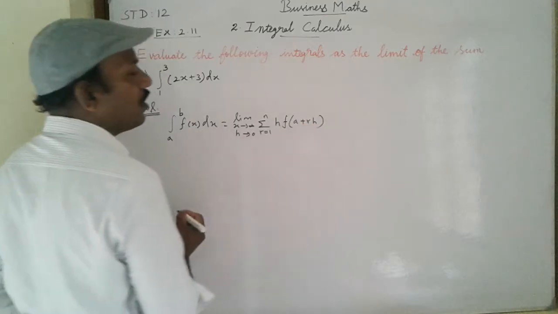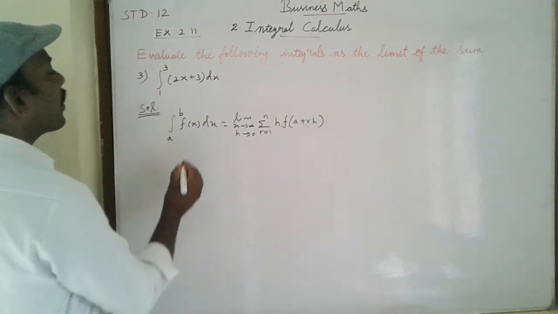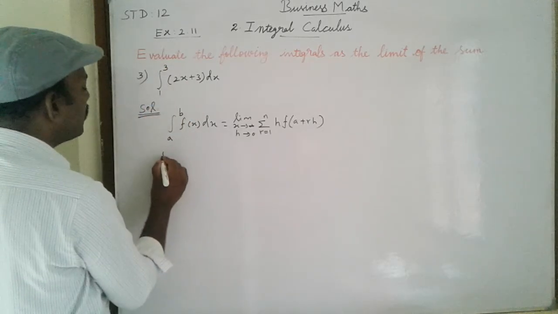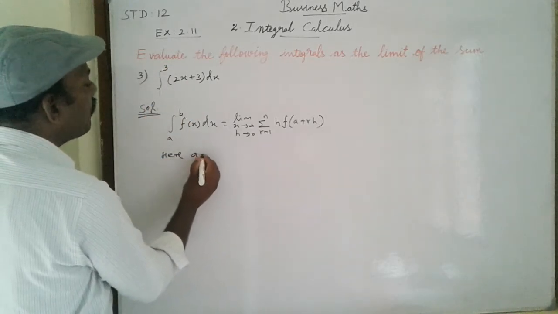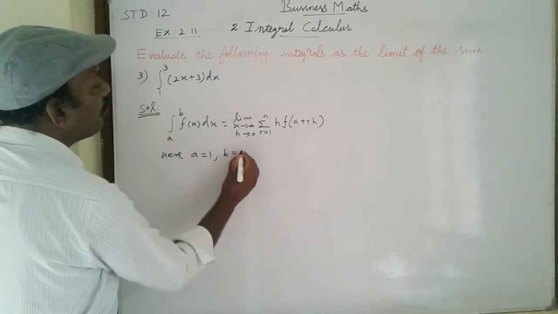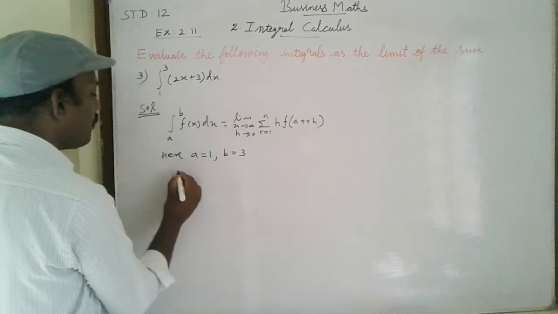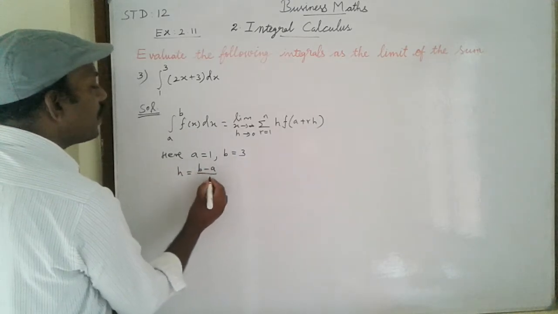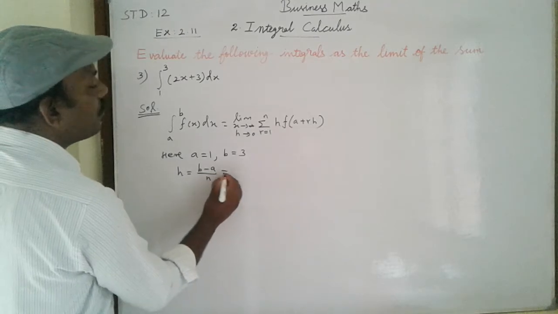That is the formula. So now we should compare this integral. A is what? A equal to 1, b equal to 3. The h formula is h equal to b minus a divided by n.